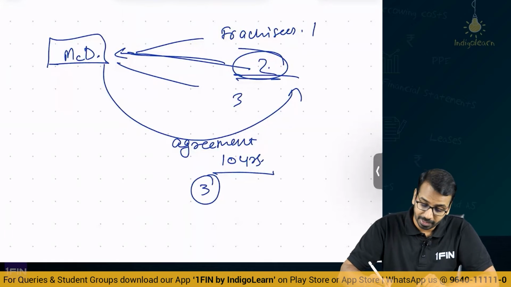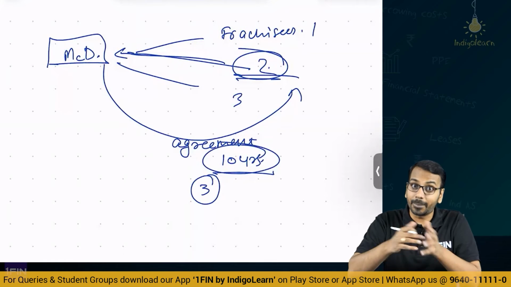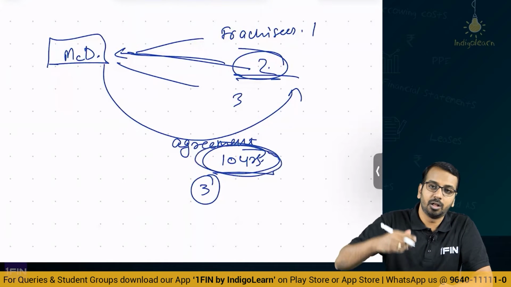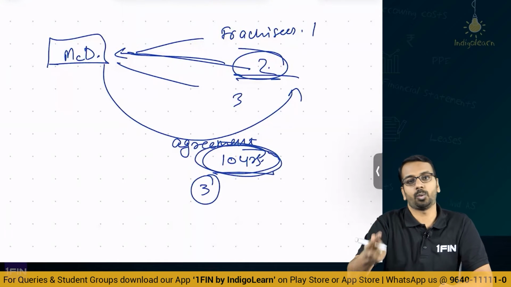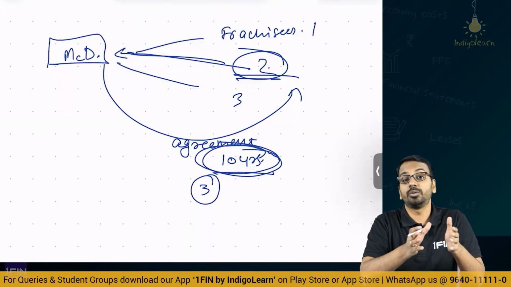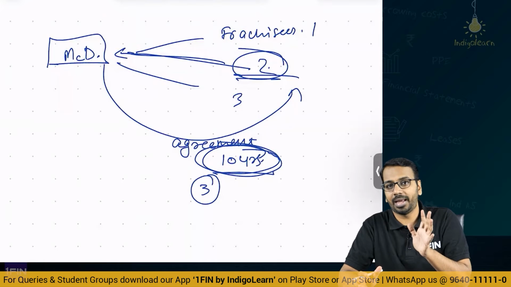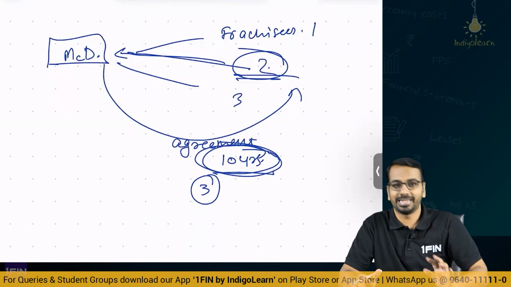Now what has happened? This 10 years agreement, I am buying back, along with the business. So if there is any right which the acquirer had given to the acquiree, and because of the business combination they are acquiring back, it has to be valued in a specific manner. Now what is that specific manner? We will understand that using an example.